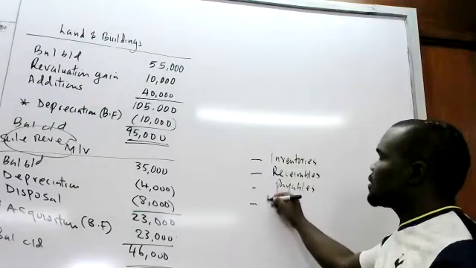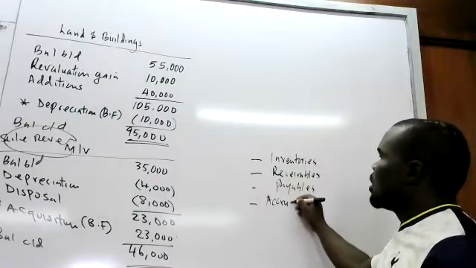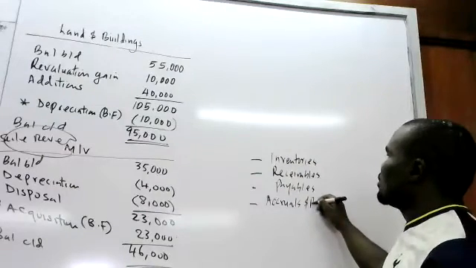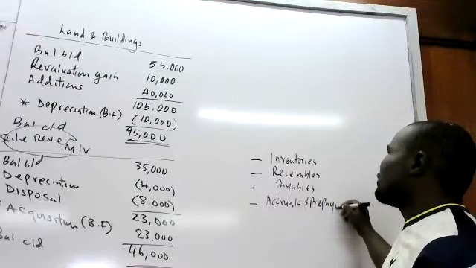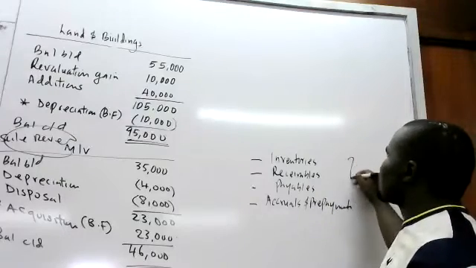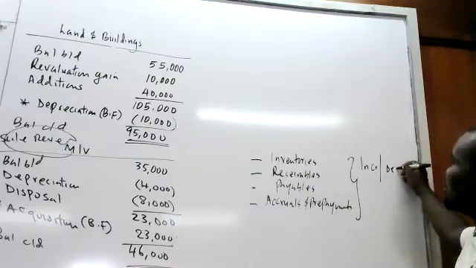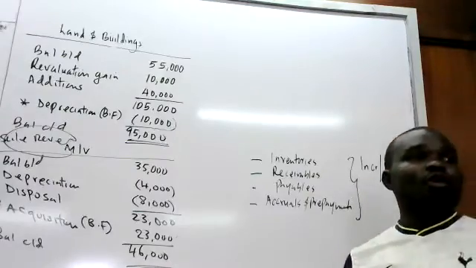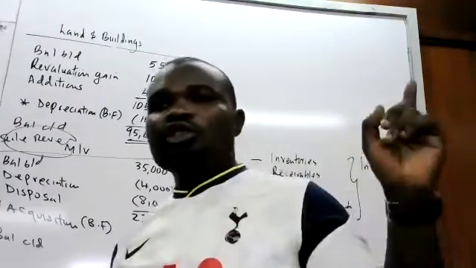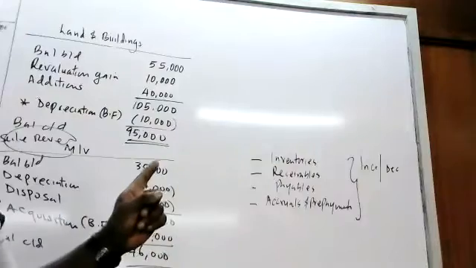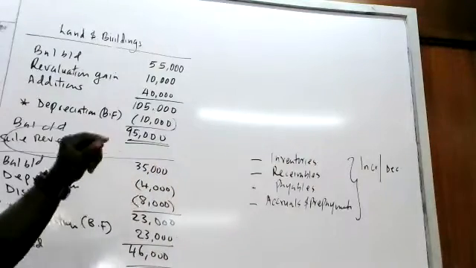Accruals and prepayments are not very common. So what are you checking? You check increase or decrease. Those are the working capital components: inventory, receivables, payables, accruals.